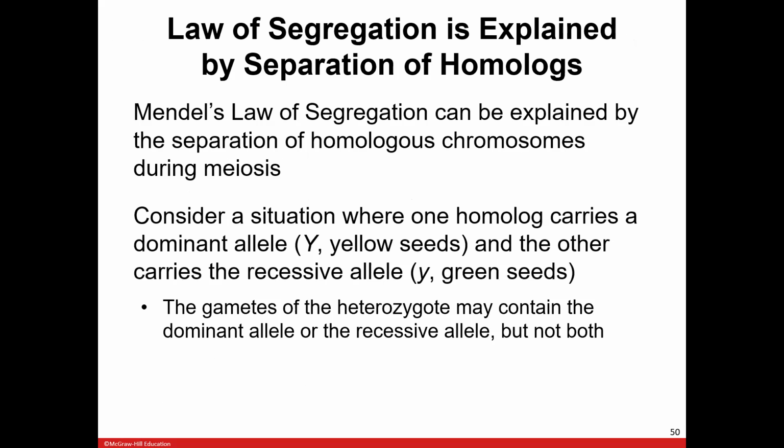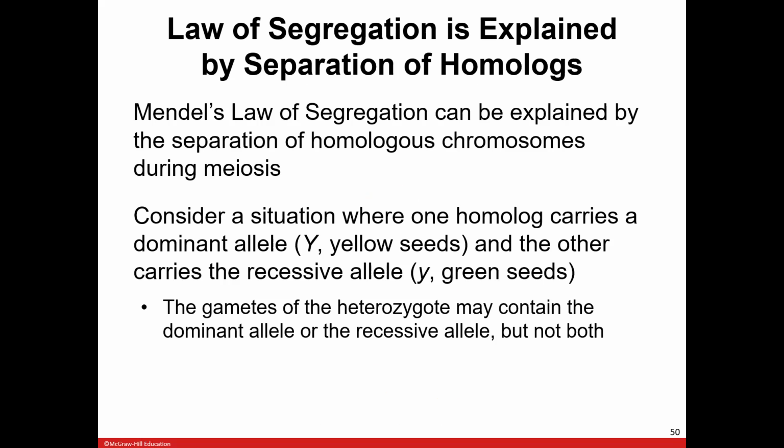So in this situation, one homolog carries a dominant allele Y for yellow genes, and the other one carries the recessive allele little y for green genes. The gametes of the heterozygote may contain the dominant allele or the recessive allele, but not both. They can only get one of them.